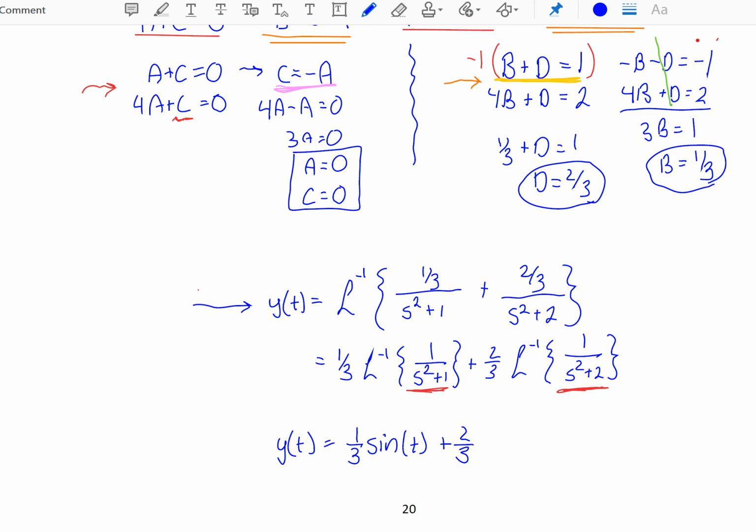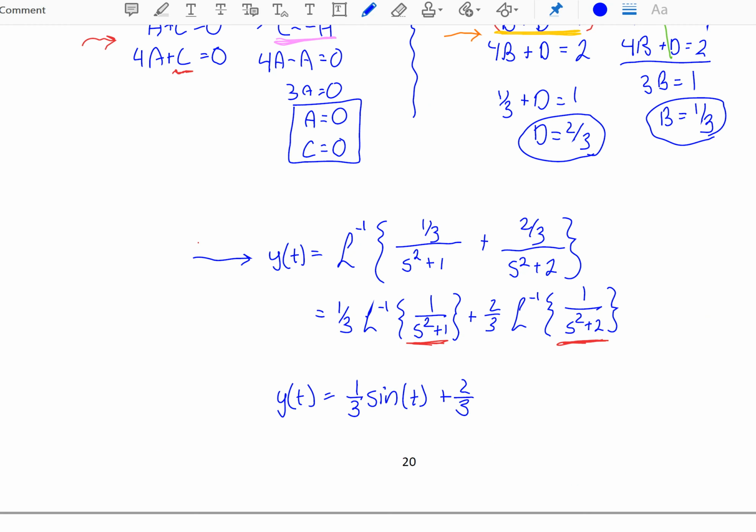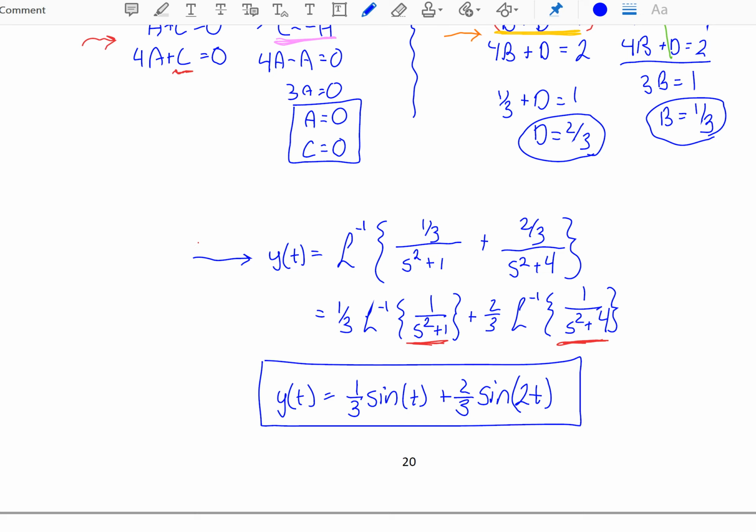I think I miswrote that. It should be s squared plus 4 in our denominator. So let's fix that. This is s squared plus 4. And so this has to be the sine of 2t. Okay, and here's your solution to our initial value problem, obtained using Laplace transforms.